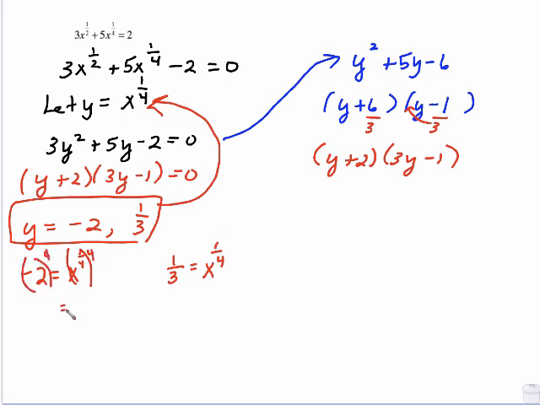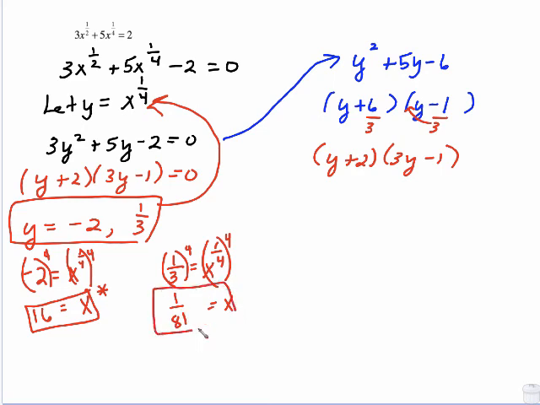Negative 2 quantity to the fourth power is positive 16, and this is x to the first, or just x. I'm going to come back to that one in a second. I just want to finish this one out over here. Same thing, x to the 1/4. I need to raise it to the fourth power, which gives me x. And then 1/3 to the fourth power is 1/81.